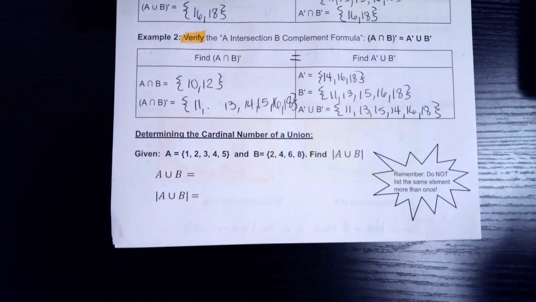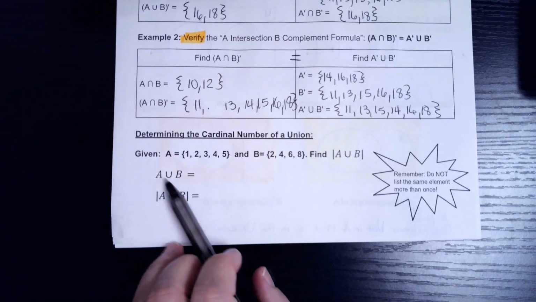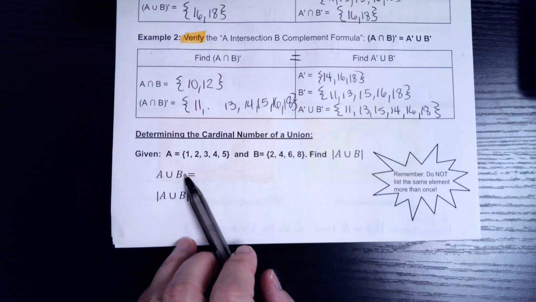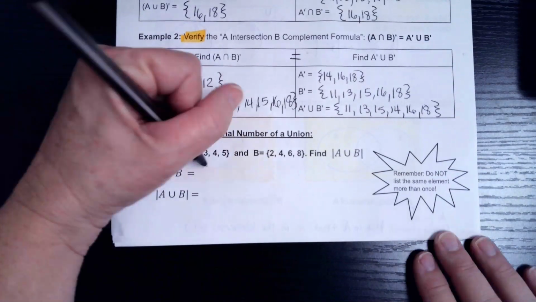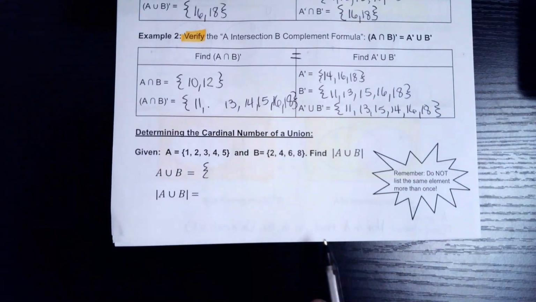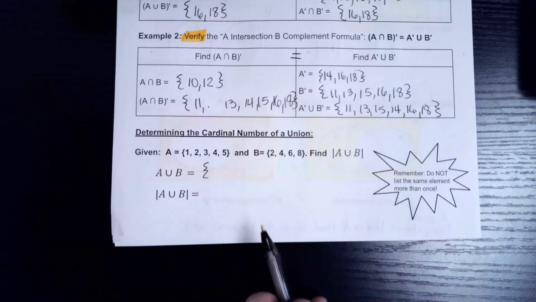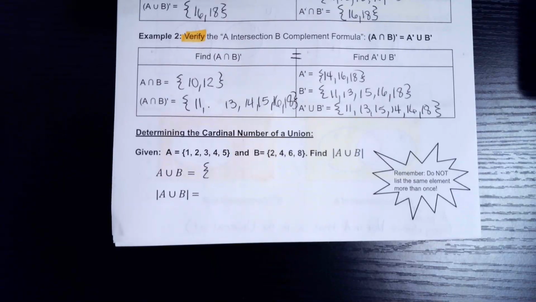So sometimes it's helpful to create the set that you are getting the cardinal number of. If it's a union, you need to create that set. So what would be in the set of A union B? And don't look up at the top of the page because I've given you a new A and B. Now, what's the one word that needs to pop in your head when you think union?